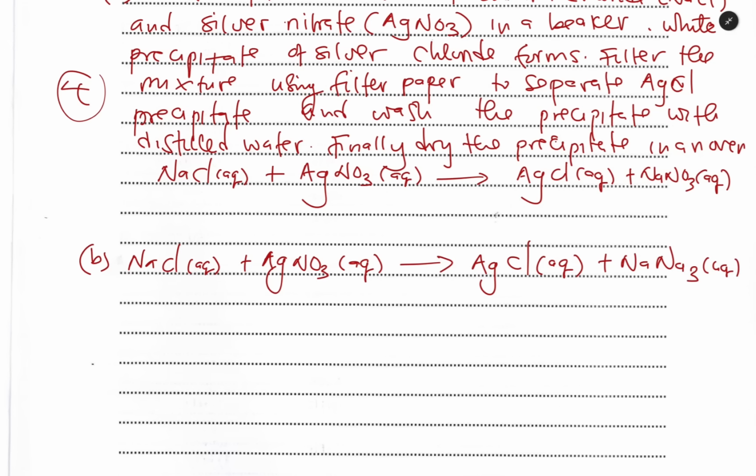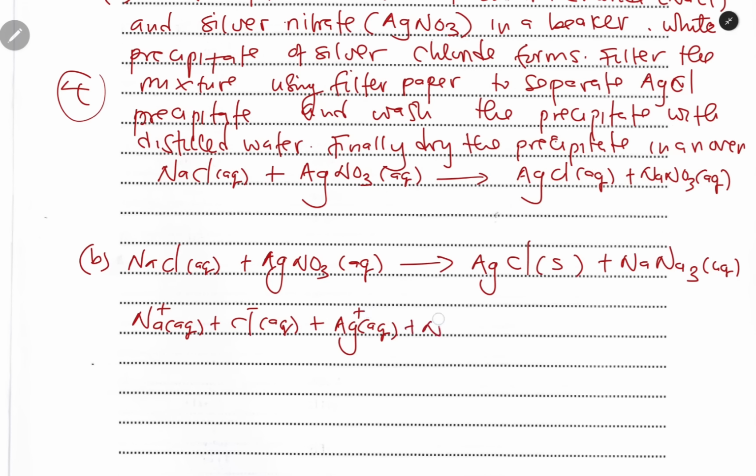We split the ones that are in aqueous. Okay, so here silver chloride is not aqueous, it is a solid. So we split those that are aqueous. On this side, we have sodium ion, aqueous, plus chloride ion, aqueous, plus Ag ion, aqueous.